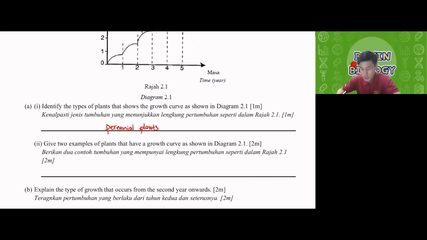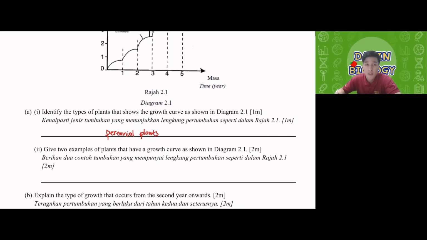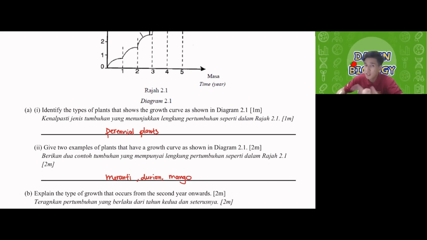So what are the examples of plants we mentioned just now? You mentioned Meranti. Okay, Meranti. The fruits will be the easier ones, right? If you think these names are very hard to remember, durian, mango, especially these 2, the most common ones we have here. Hibiscus. We just mentioned hibiscus, right? Yeah, of course can. Hibiscus also can.